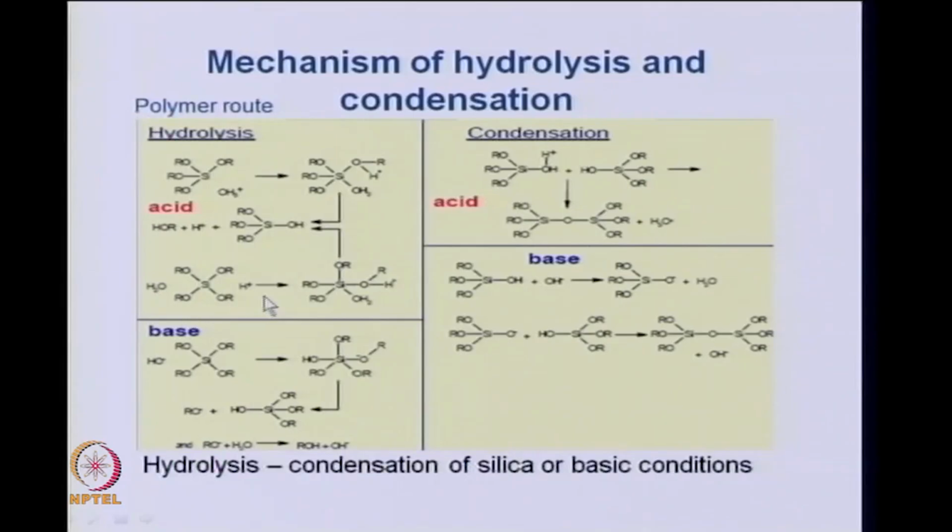You can also have a process like this, where a water molecule reacts with this alkoxide, giving you this product, and then this ROH group leaves to give you this.